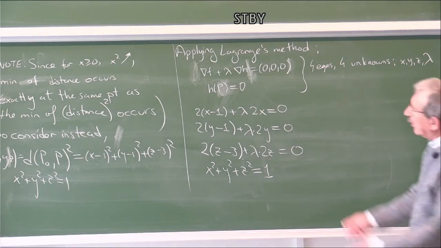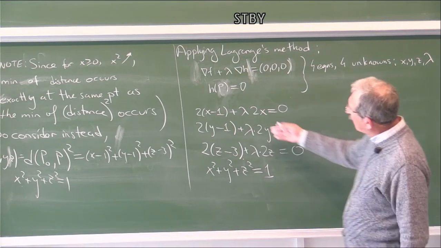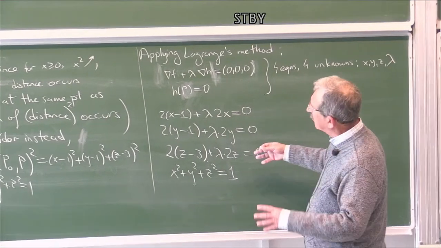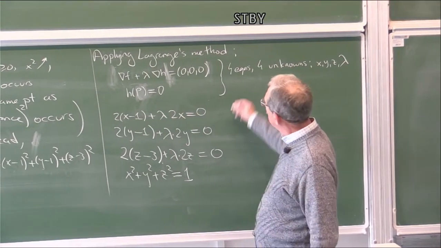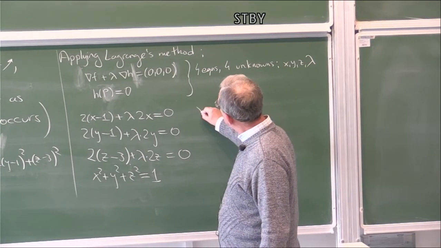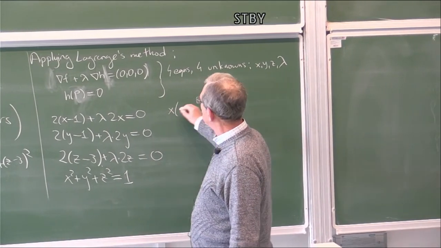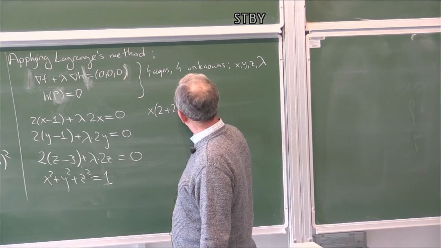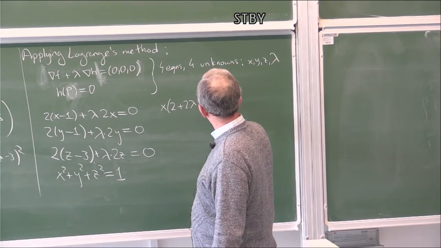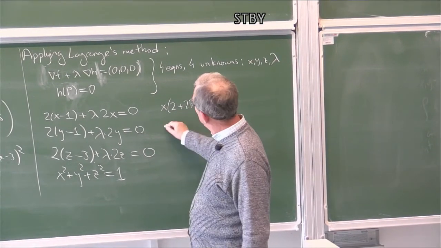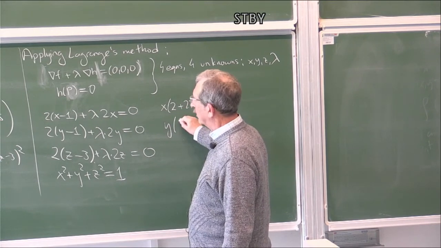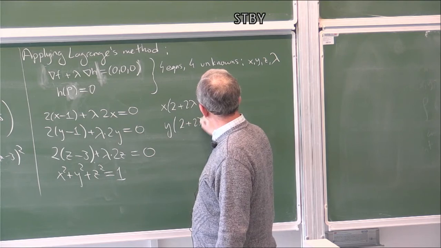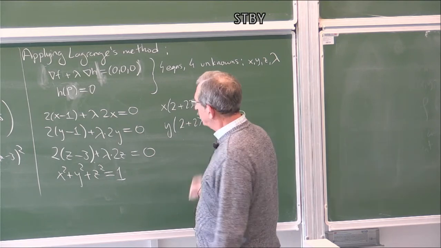Now what can we do about these things? Well, we can formulate this a little bit in a better formulation. Say we put x's together. So we have x times 2 plus 2 lambda minus 2 is 0. Y times 2 plus 2 lambda minus 2 is 0.